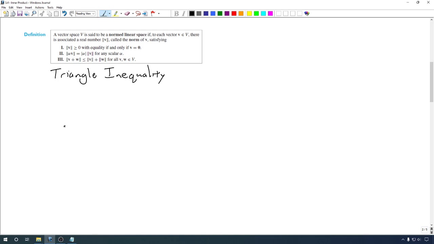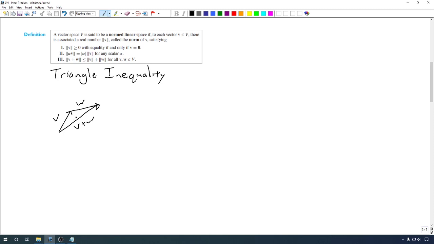And the idea here is, working with vectors in Rn, if we have a vector v and a vector w, remember the vector v plus w goes from the start of v to the end of w if they're stacked end to end like that.